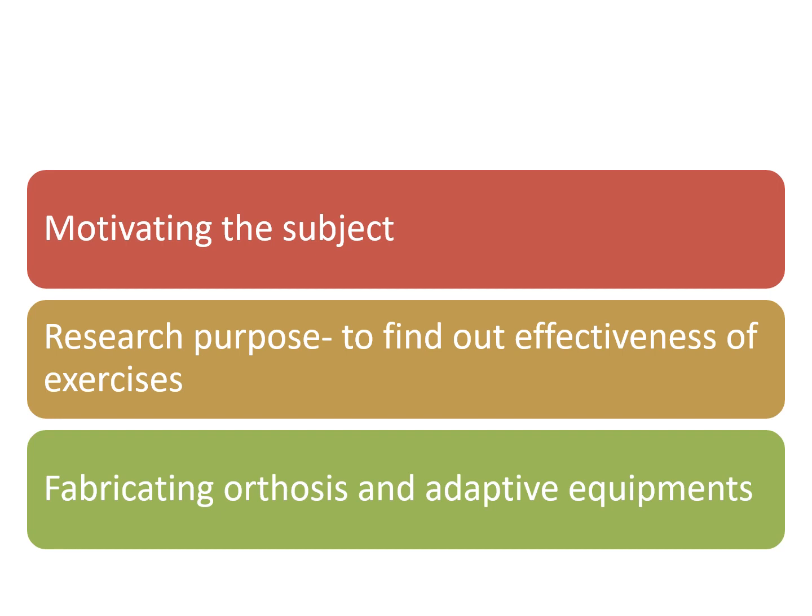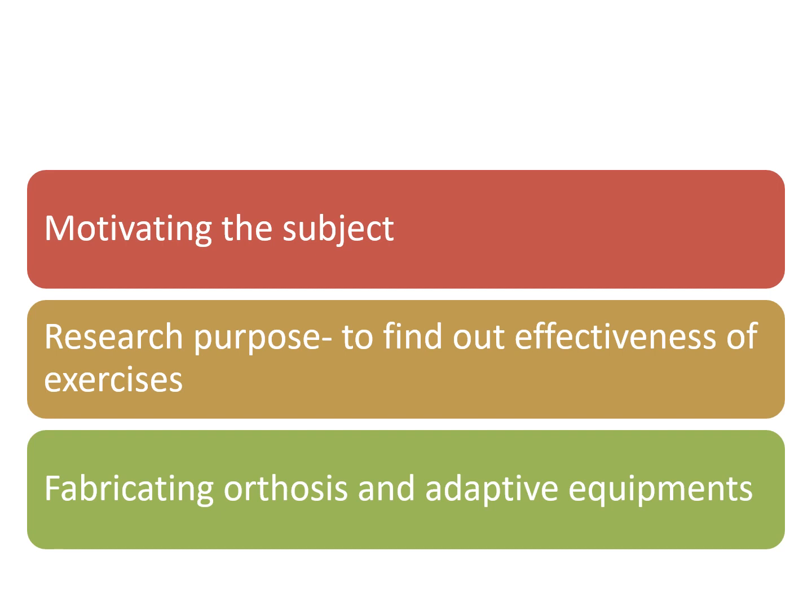It also helps in motivating the subject. So the patient can also see the pre and post readings. If pre is, for example, 110 degrees of shoulder abduction, and after your 3 sittings of physiotherapy, it is 130 degrees of range of motion, he gets motivated because he has seen an improvement of approximately 20 degrees.